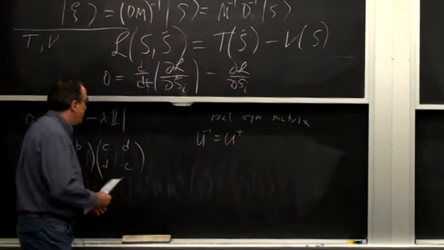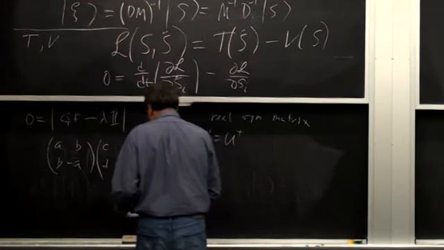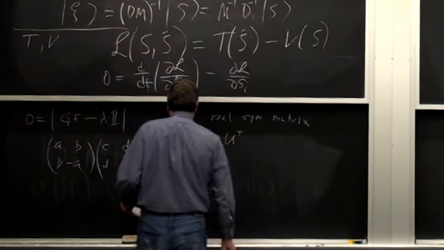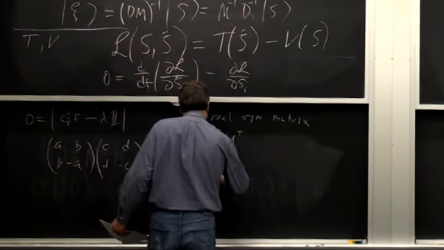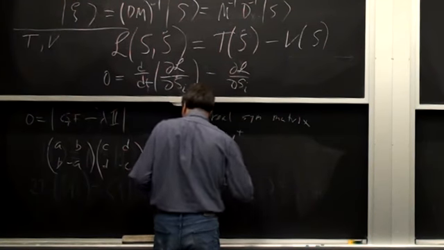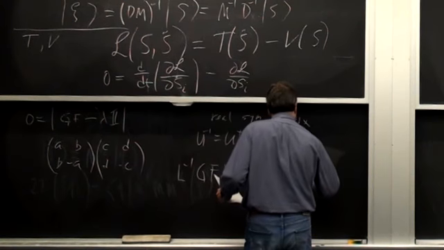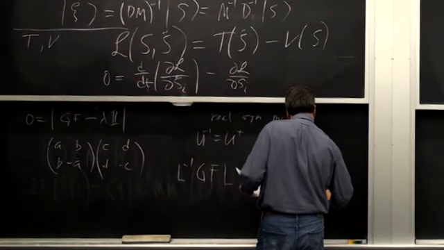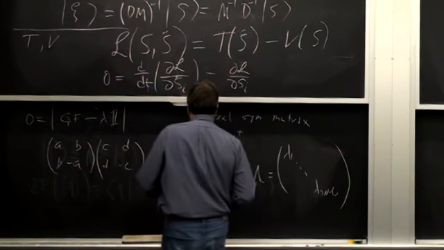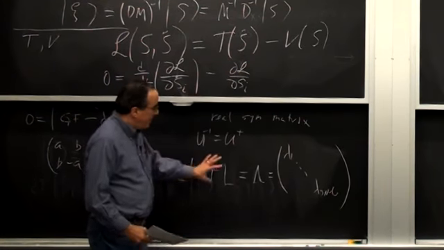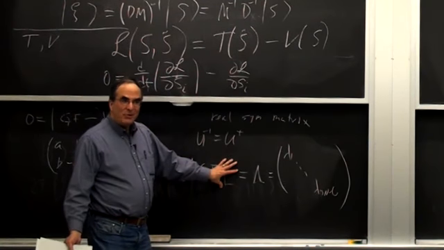You can diagonalize it, but you have to define a similarity transform. So there is some matrix L, and it's interesting, I used that name for a matrix before.